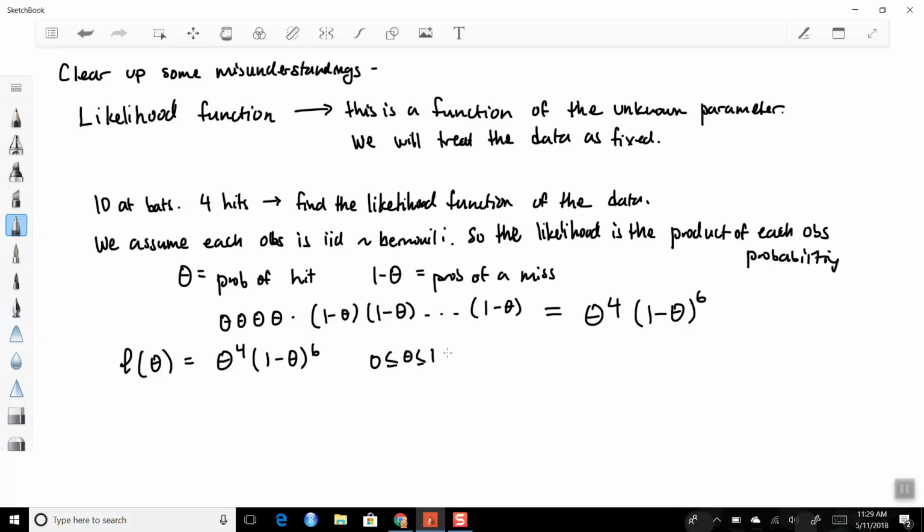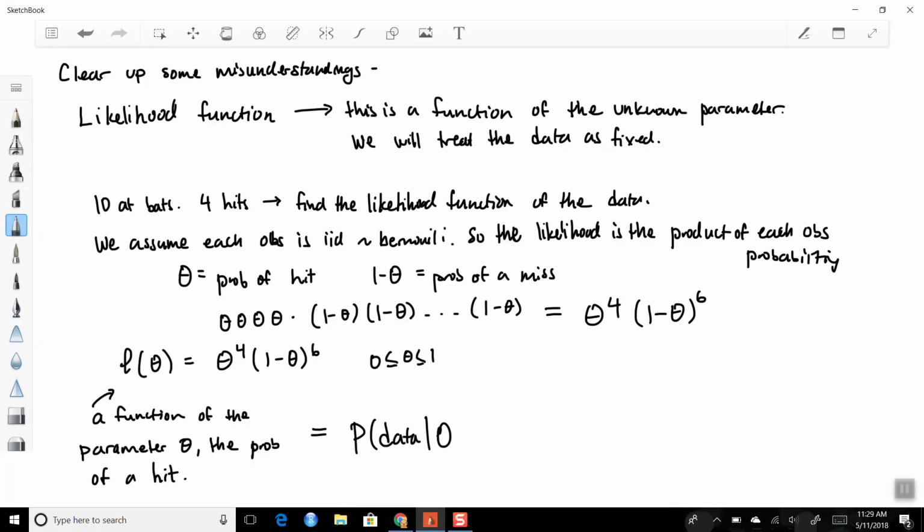Okay. And so this is a function of the parameter theta, which is the probability of a hit, which is the same thing as the probability of our data given the parameter theta. Right, and the likelihood does not need to integrate to 1.